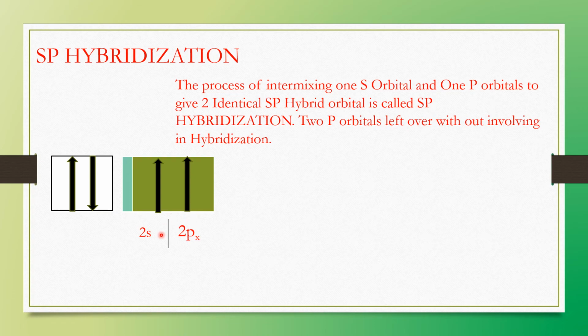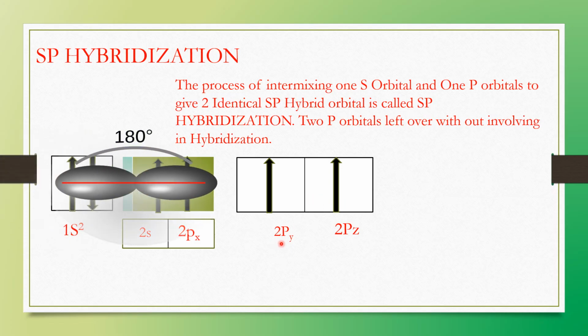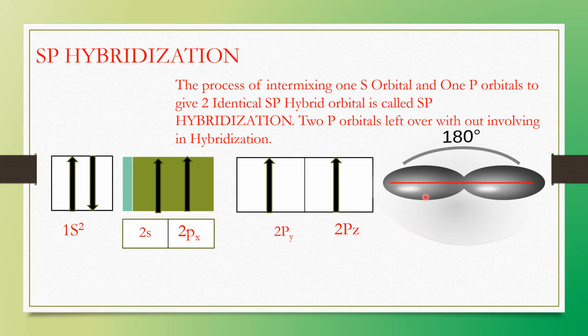These two orbitals intermix to give two identical sp hybrid orbitals. Now after the hybridization, one electron is left over in each of the py and pz orbitals. So this is the final shape of sp hybrid orbitals. See this one, they are arranged linearly, so the bond angle is 180 degrees.